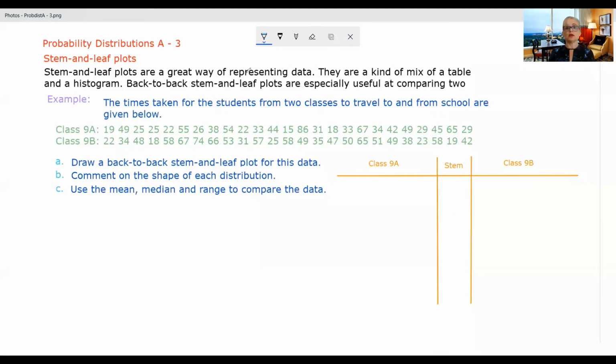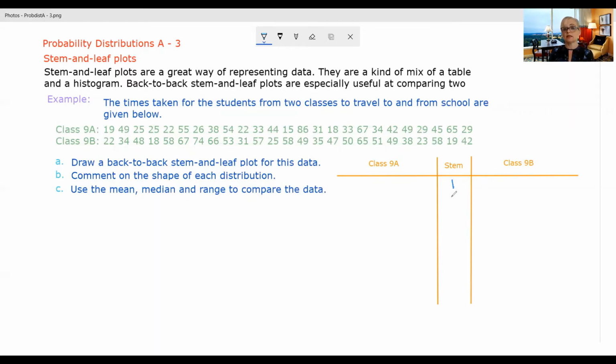What you do is you have a look at your scores and you see obviously what the minimum and maximum scores are, and that will then guide you as to what stems to use. We've noticed here that our absolute minimum score, I think, is 18, certainly in the teens anyway. So the smallest stem we're going to need is 1. And the largest score, just having a little scan along there, that we're going to have is 86.